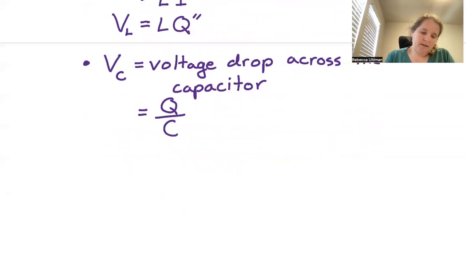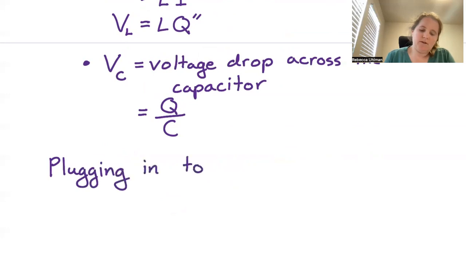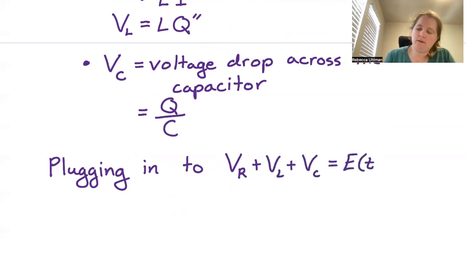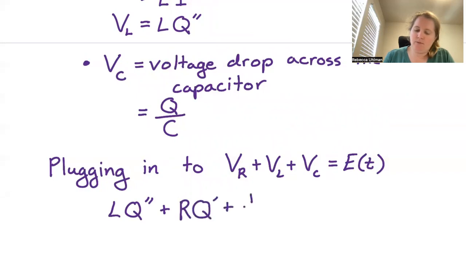So plugging this into our equation VR plus VL plus VC equals E of t, we wind up getting inductance L times Q double prime plus resistance R times Q prime plus 1 over C times Q is equal to our impressed voltage.